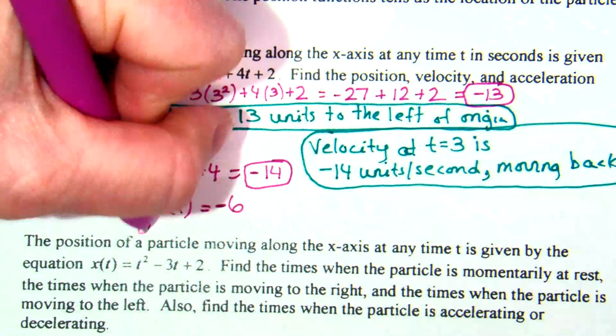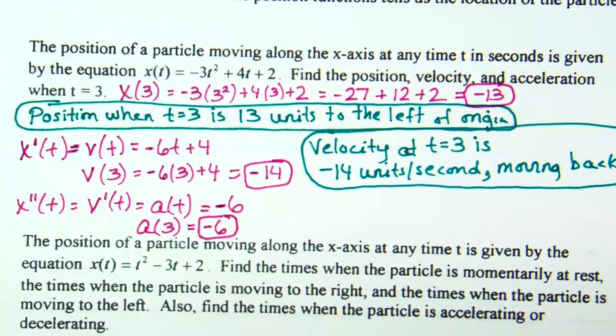Negative 6. What would be the label here? Units per second squared.